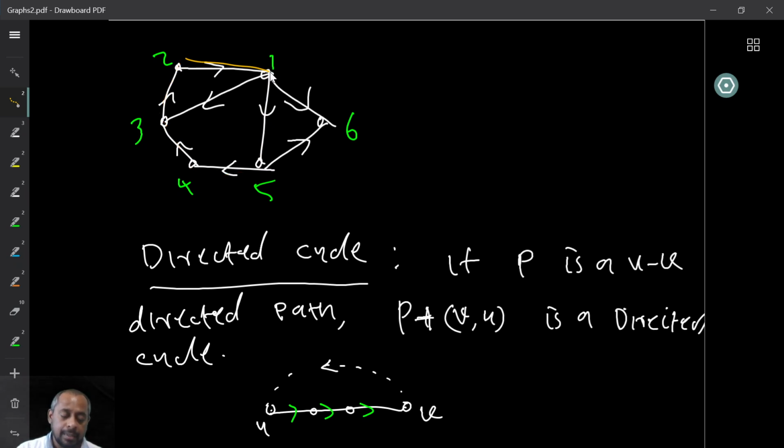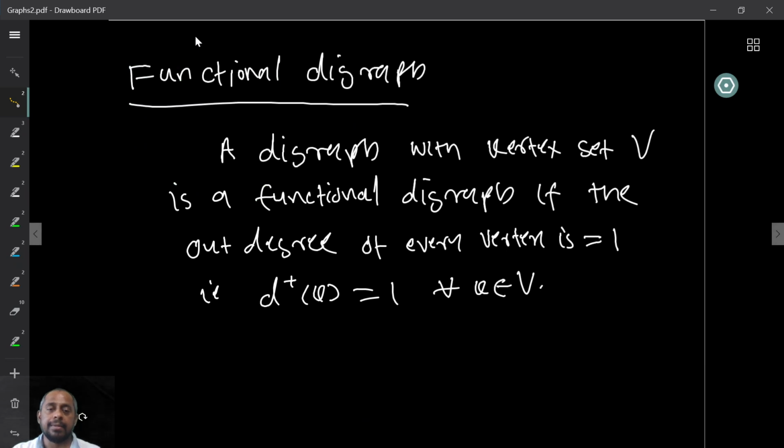What about 1 to 5, 5 to 6, but 6 to 1 is not an arc, so therefore this is not a directed cycle. On the other hand, 1, 3, 2 is a directed cycle. So these are the differences and similarities.